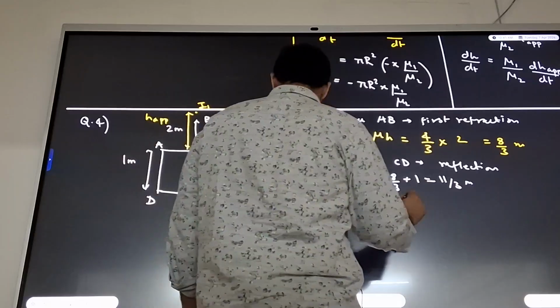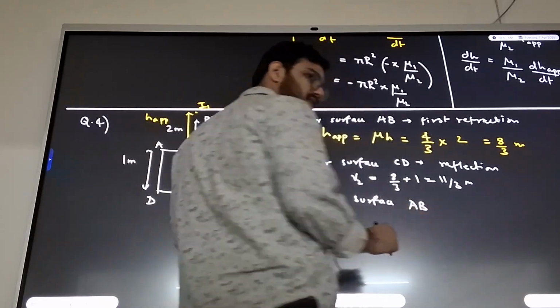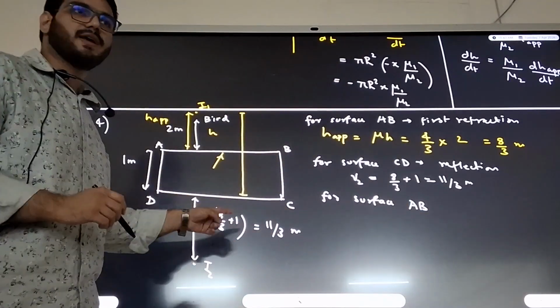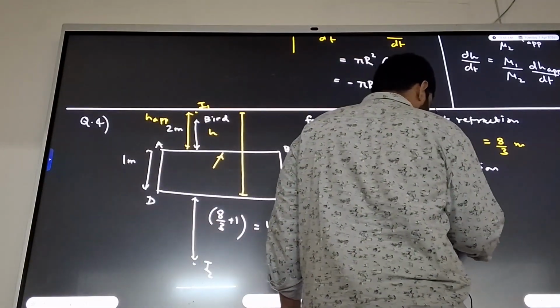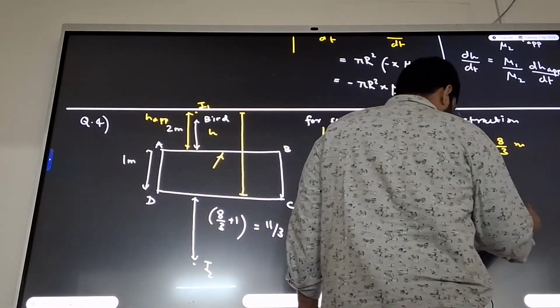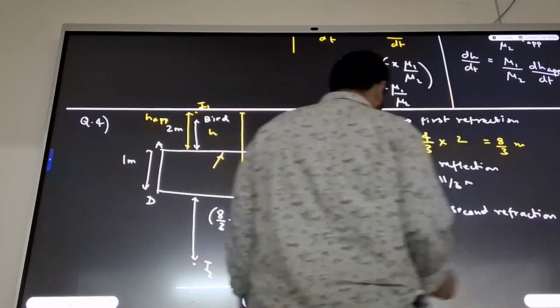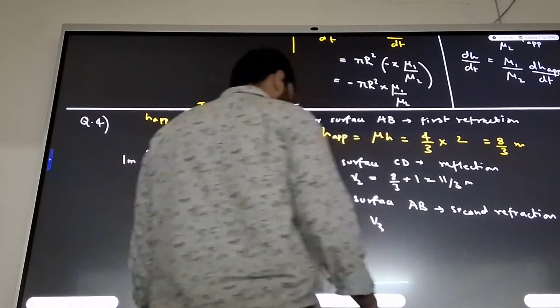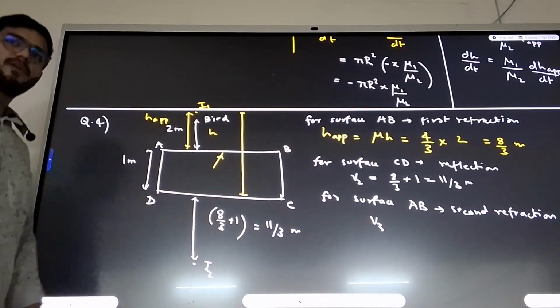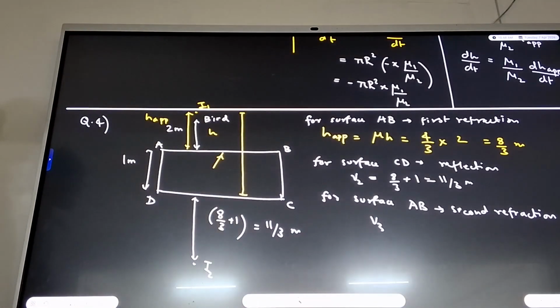So for surface AB, do you understand what is happening? There are many things happening in this question. Second refraction. In second refraction, what is the final image then? V3. Where should the image be formed, by the way? Same side.